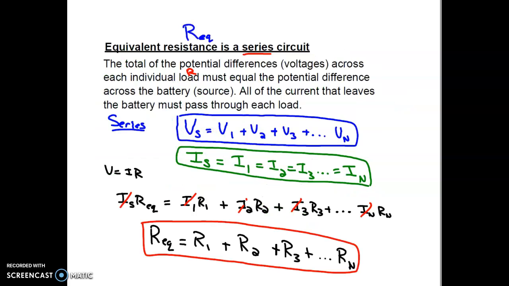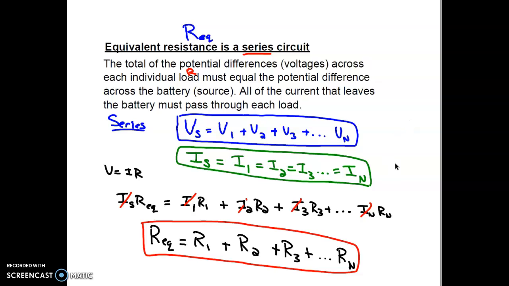Okay, so equivalent resistance in a series circuit looks like this. Equivalent resistance is Req. The total of potential differences, the voltages, across each individual load must equal the potential difference across the battery, the source. All of the current that leaves the battery must pass through each load.